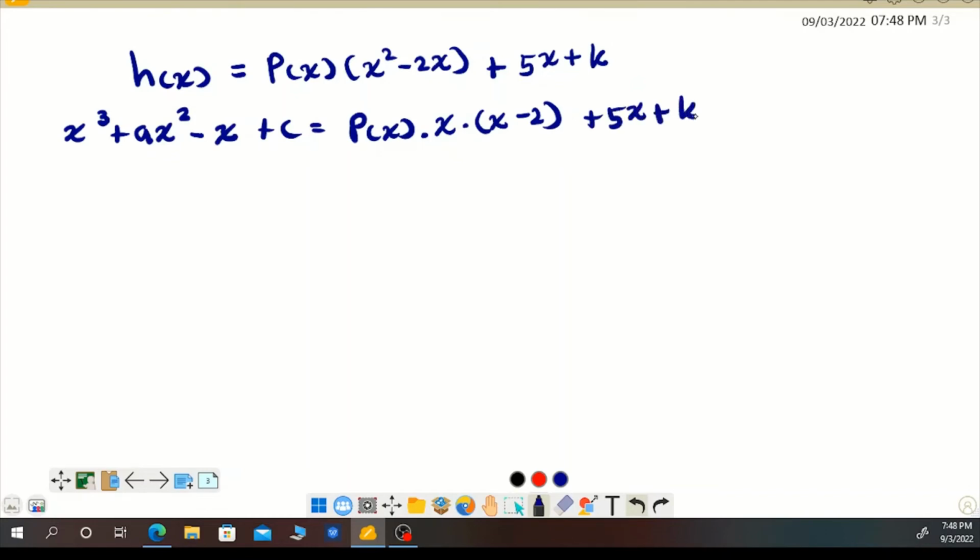Here also we have to remove the p(x) function. To do that I can substitute x equals 0 and x equals 2. First I am going to substitute x equals 0.